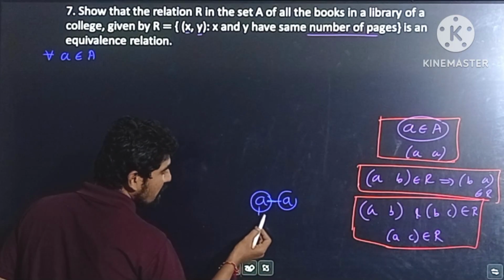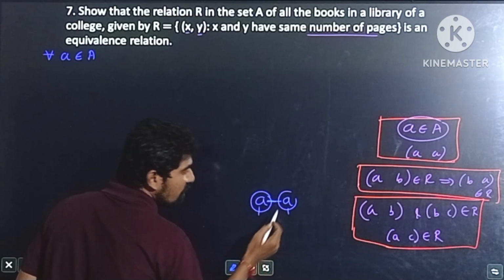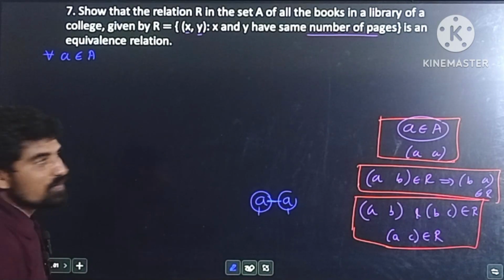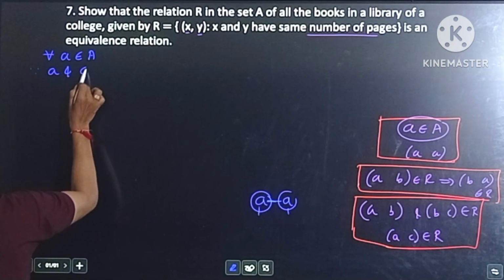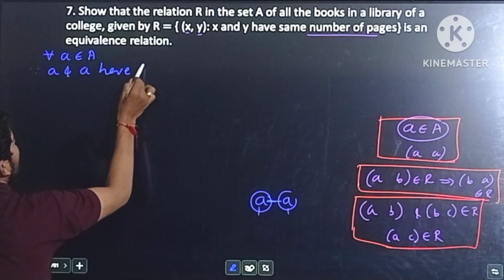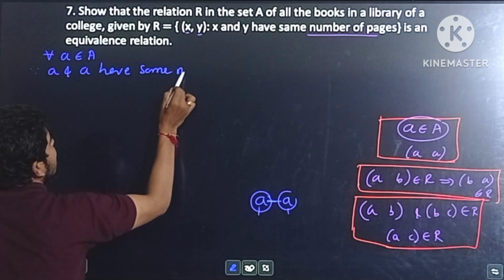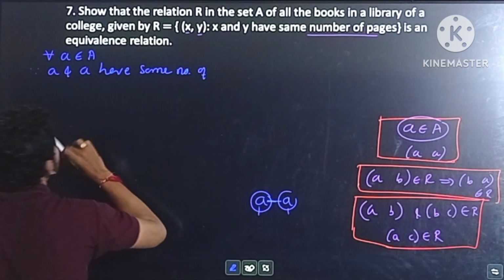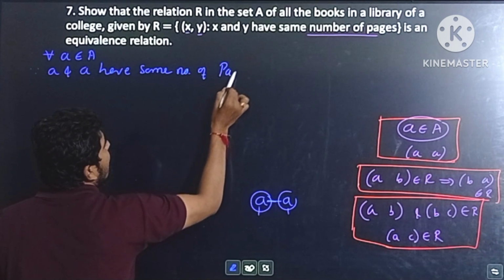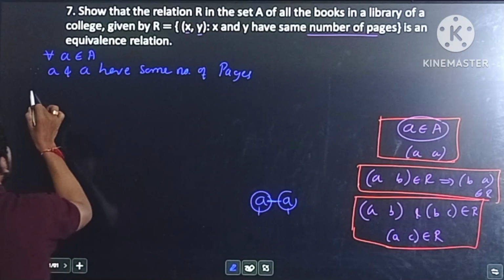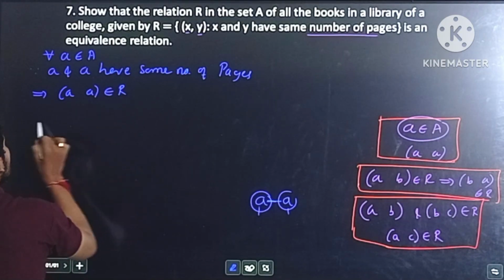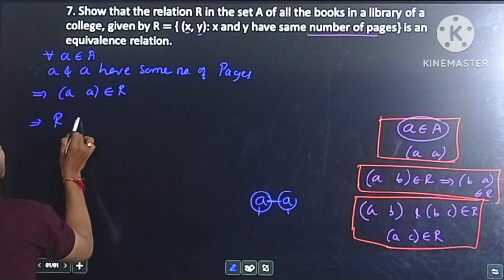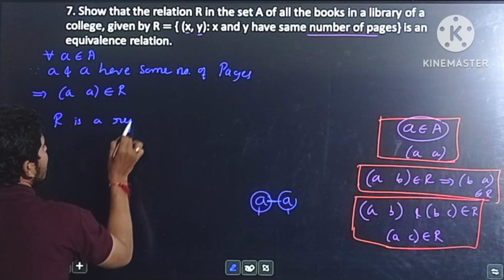Since a and a have the same number of pages, the pair (a, a) belongs to the relation R, which implies the relation R is a reflexive relation.